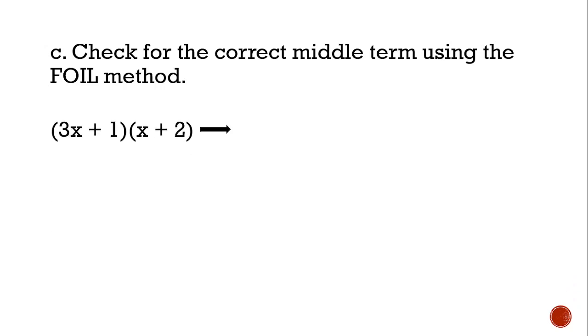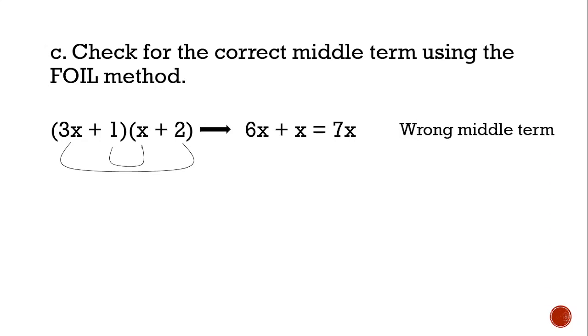So we have here 3x plus 1 and x plus 2. 1 times x and 3x times 2. So yung 3x times 2, meron tayong 6x. And 1 times x, meron tayong x. Then add those two terms, we have 7x as our middle term. So mali. It's the wrong middle term na hinahanap natin.